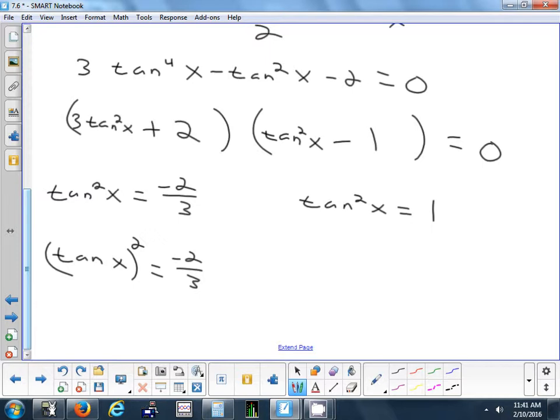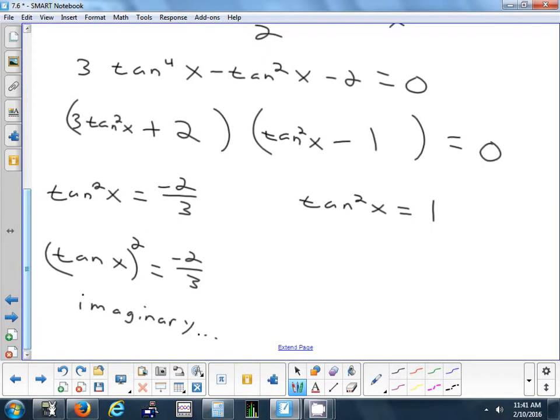So any thoughts now? It's going to be imaginary. It would be imaginary. If you try to take the square root of what's on the left to cancel that exponent, then you're taking the square root of what's on the right. You can't take the square root of a negative. So that's imaginary. We're not interested in imaginary solutions. So the only thing we get here is tangent squared x equals 1.